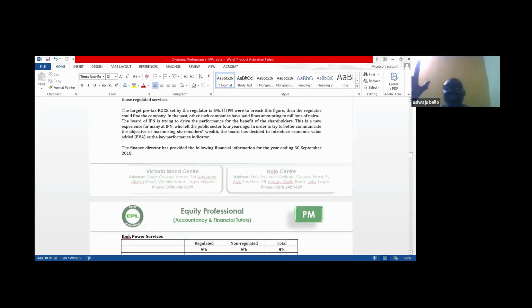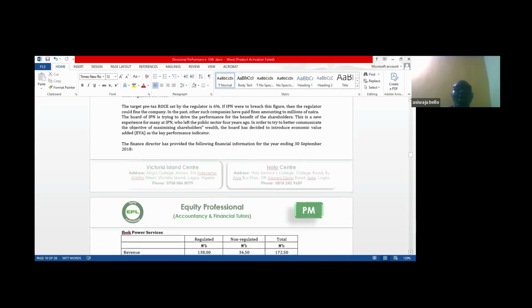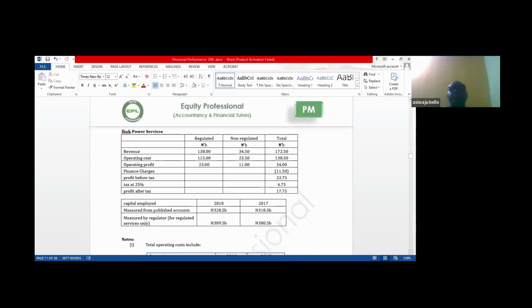The finance director has provided the following financial information for the year ending 30th September 2018. Ibok Power Services. We have the regulated and non-regulated.